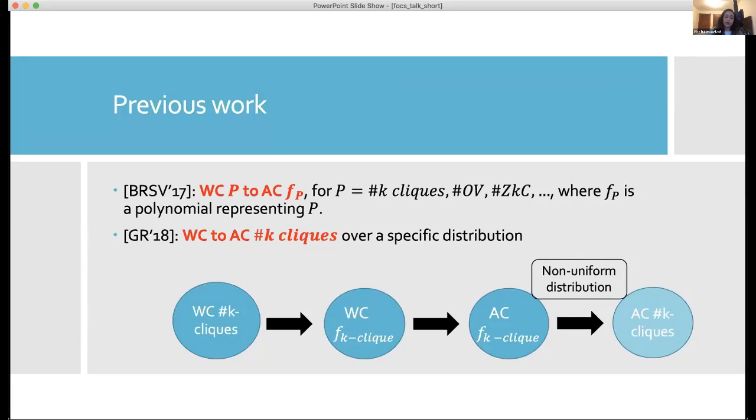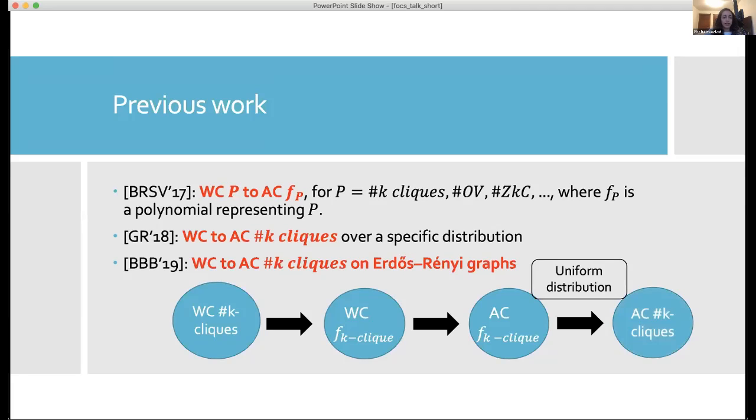Then Goldreich and Rothblum take this one step further, and they give a worst case to average case reduction for counting K-cliques over a specific distribution, which is a non-uniform distribution, but they end at average case counting K-cliques.